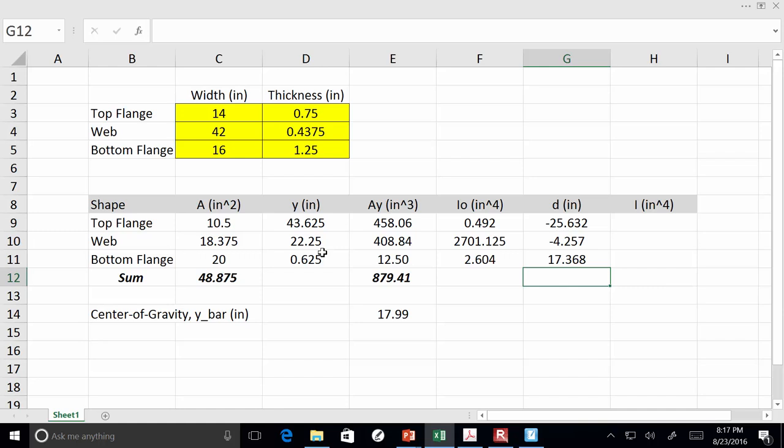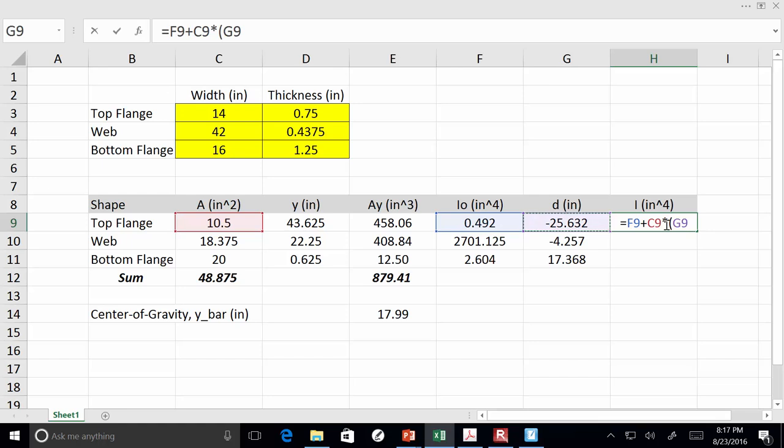Okay? So, what do I stack right here? Parallel axis theorem. This plus AD squared. So right here, equals I plus A times D squared.